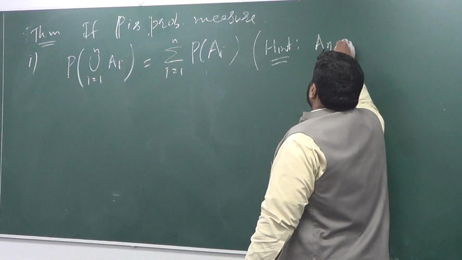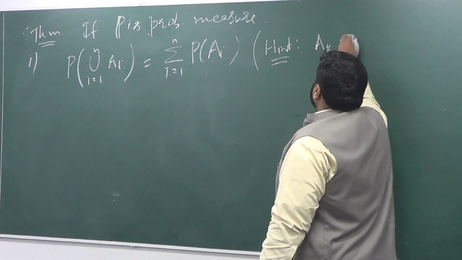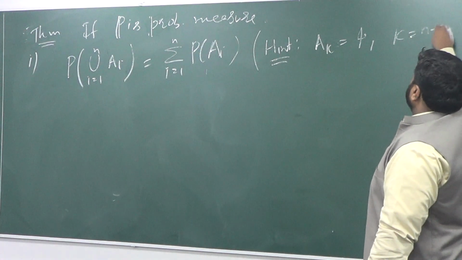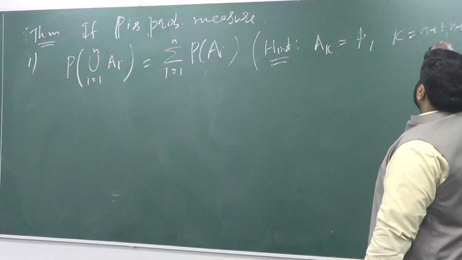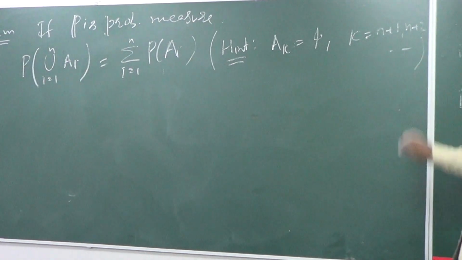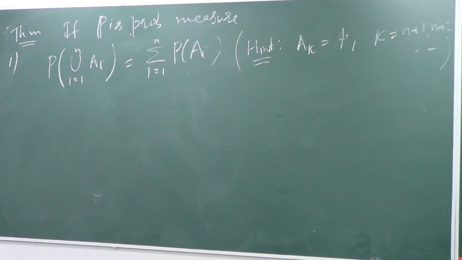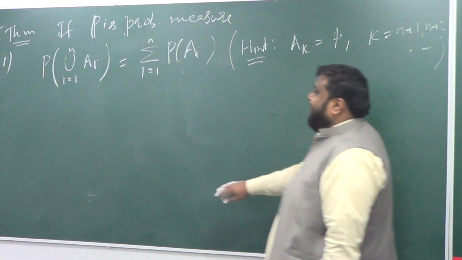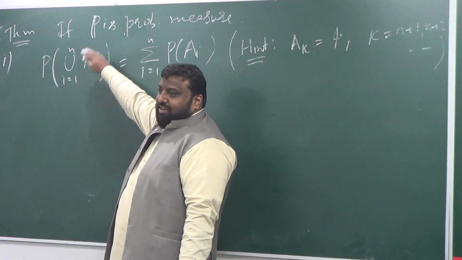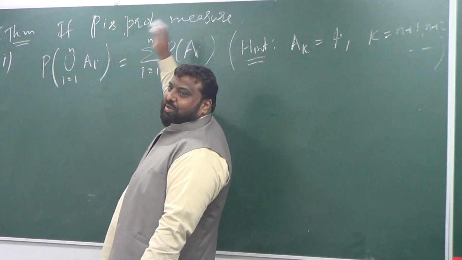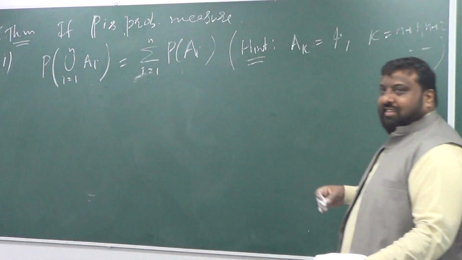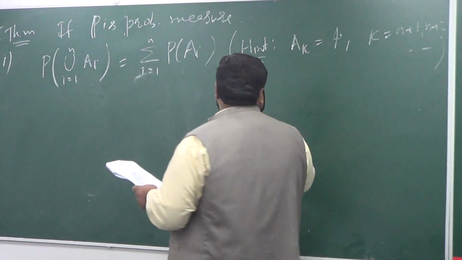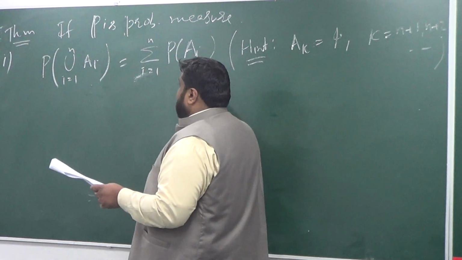From A_{n+1}, assume that A_k is the empty set for k equal to n+1, n+2, and so on. And now I can write this as the union of i equal to 1 to infinity. Apply that property and you have the proof. So it's a pretty clever one. This is called finite additivity. That was countable additivity, and this is finite additivity.